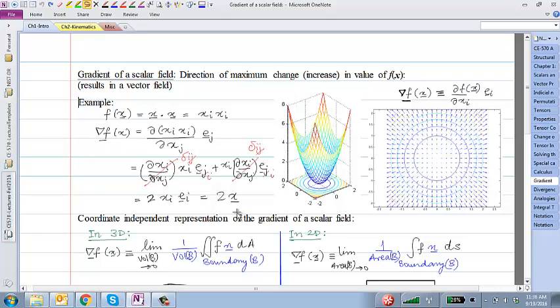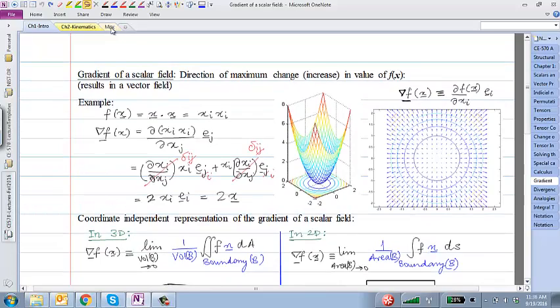That's what makes it a vector field. We looked at this example, where 2x was the vector field corresponding to the gradient of that scalar field x dot x. We saw, of course, no change in function at the 0, 0 location. And as you go radially outward, the vector field associated with that gradient also grows as you go more and more out, and it obviously points in the direction of greatest increase of that function, which is also radial.